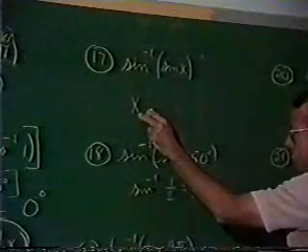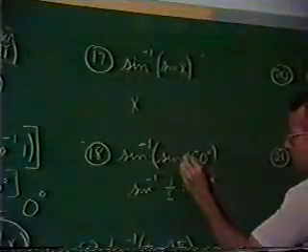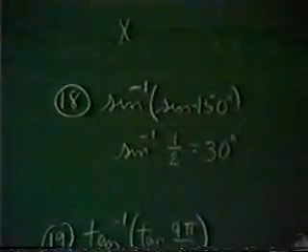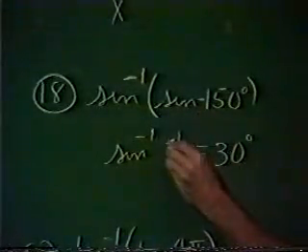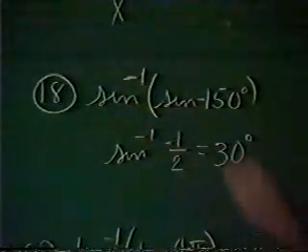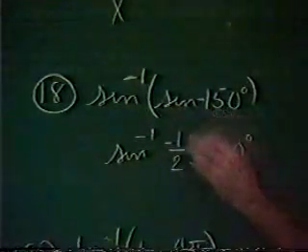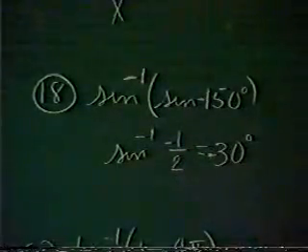Okay? Let's come back to 18 and look at some other examples. Let's say this is minus 150 degrees. Then this would end up being a minus 1/2. The sine of a minus 150 degrees is in quadrant 3, and so this is a minus, and so this makes this a minus 30 degrees.